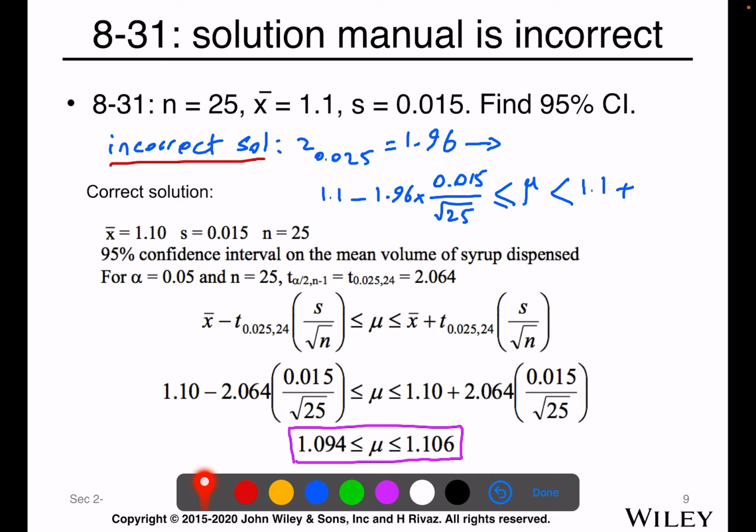So it would be completely incorrect if you write X bar is between these two. It's mu that's in between those two. X bar is the number that we have. X bar is 1.1. Any questions? Okay.